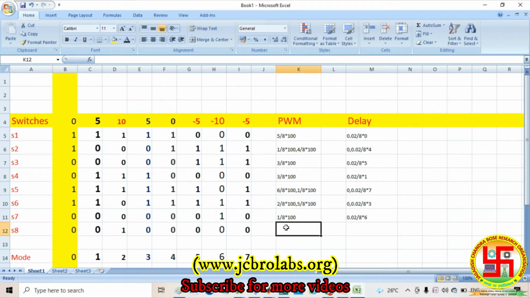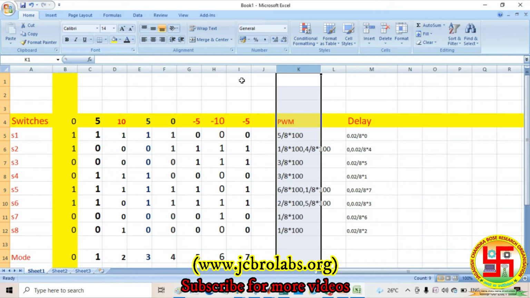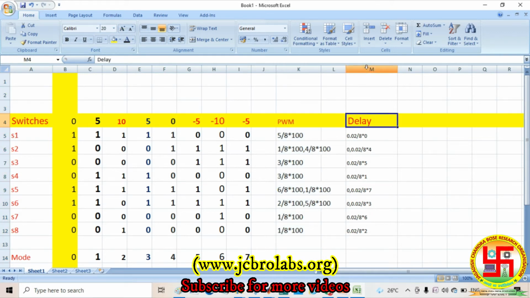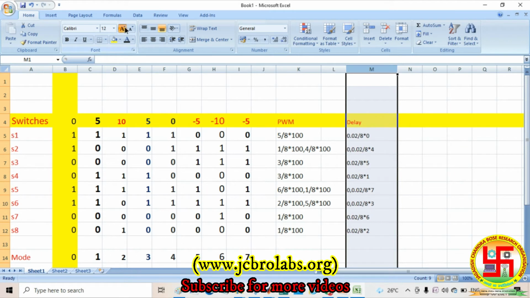And here S8, 1 by 8 into 100, 0.02 by 8 into 2, right? You can observe the mode of operation is 2 here and it is 6. And you can observe that these are the delay values.